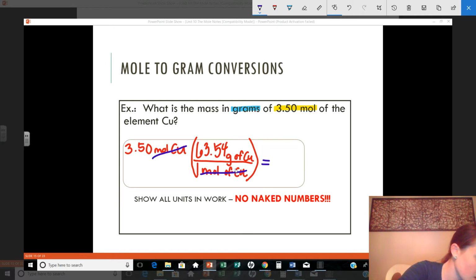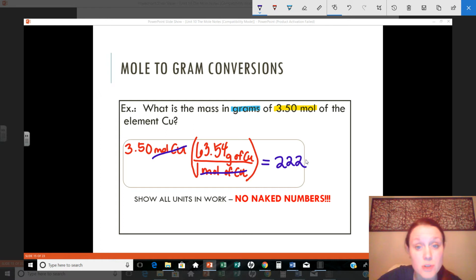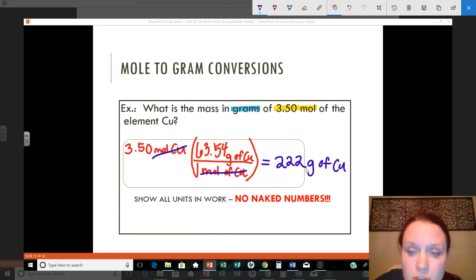When I do that, 63.54 times 3.50 gives me my total mass in grams of 222. Now when you calculated that, you probably got a decimal, but remember to use sig figs.